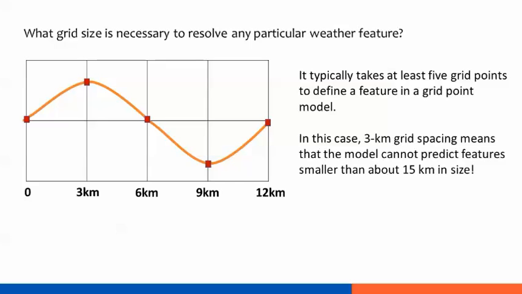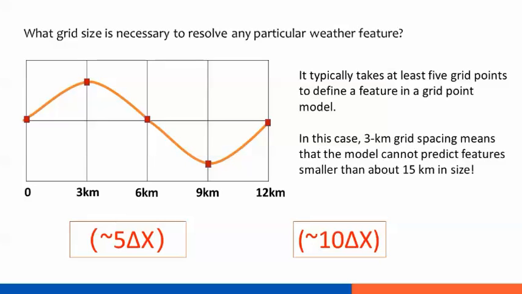It typically takes at least 5 times the grid spacing to define a feature in a grid point model, based at scales greater than 10 times the grid spacing.